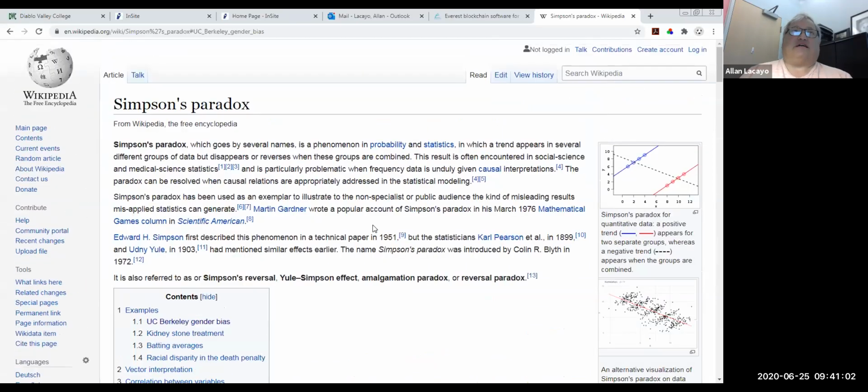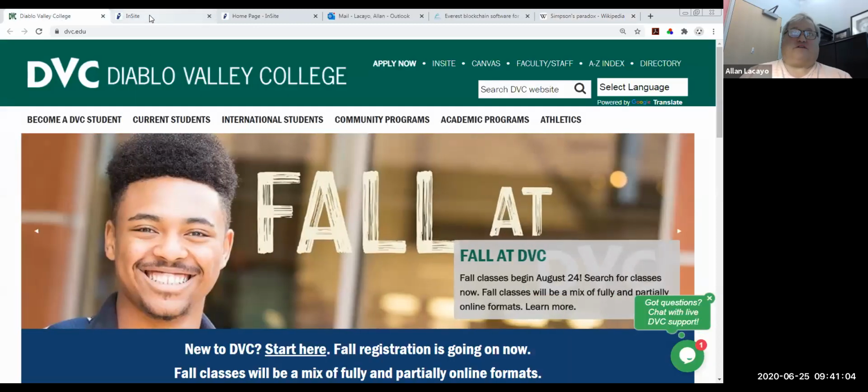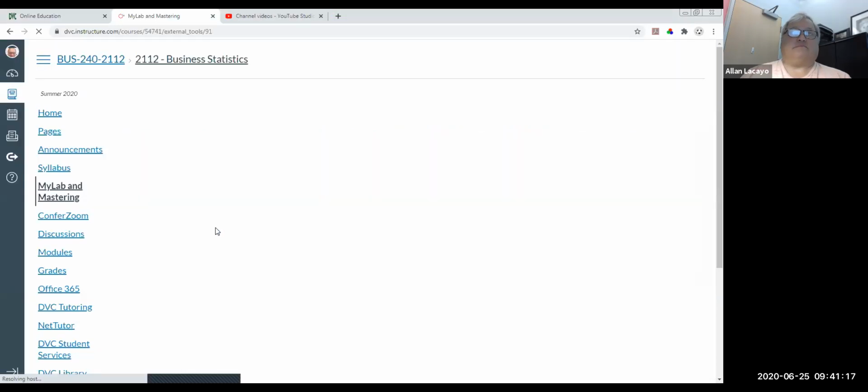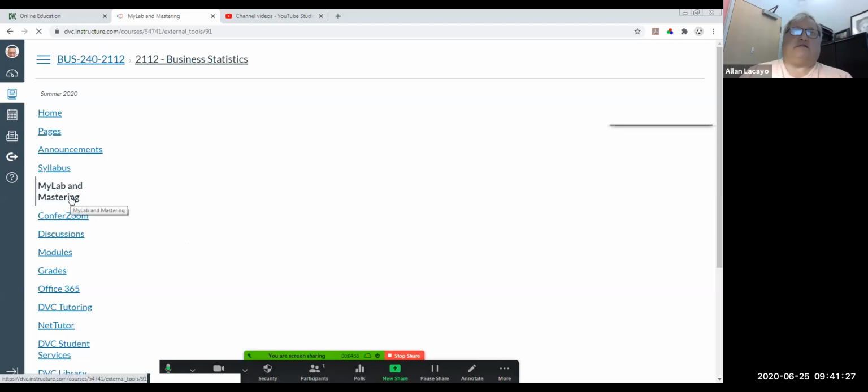There's also an example of Simpson's paradox when we visit your textbook. So right now we're going to go to Pearson MyLab and Mastering. I got a couple of emails from folks who were having trouble because Pearson was kicking people back to Canvas.